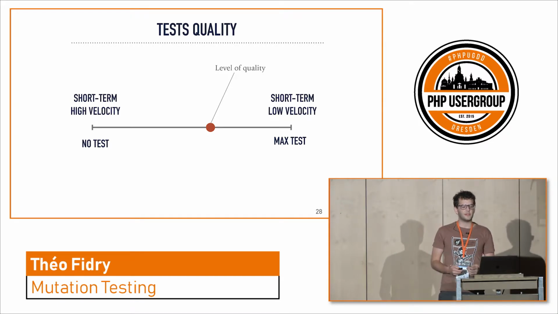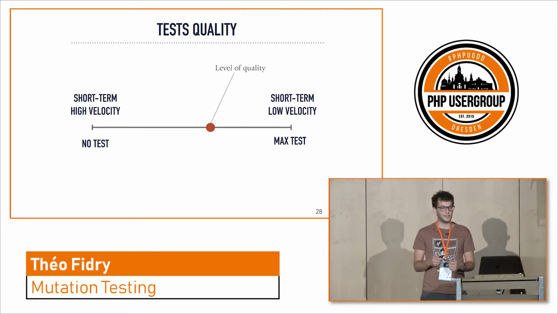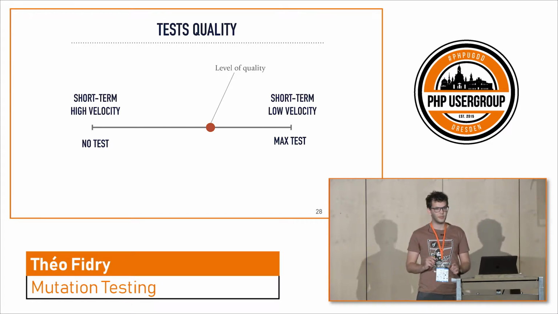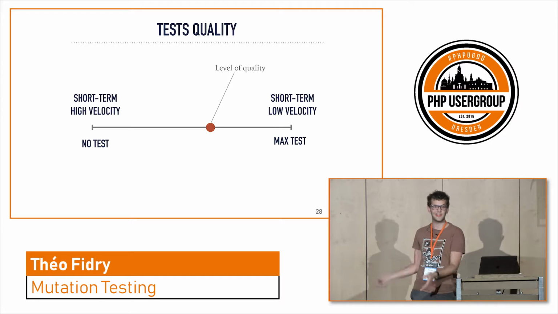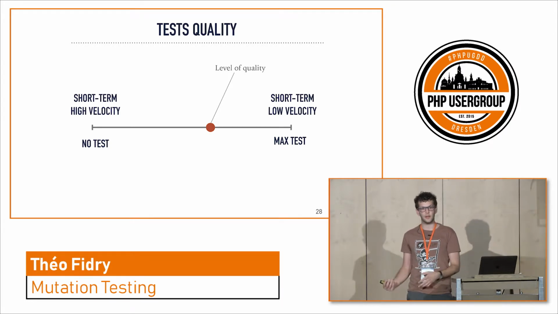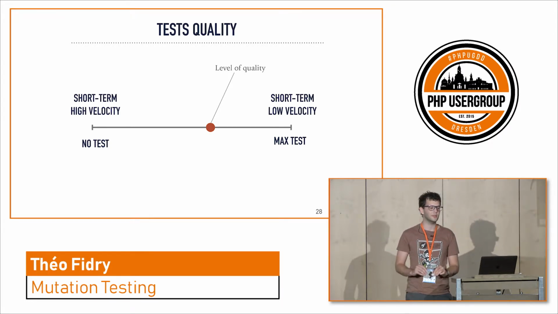So if you have no tests, you have a high velocity in the short term, because there is not that much code to change. It doesn't mean that it's going to be bug-free, but there's just not that much code to change. Whereas if for introducing a small piece of code, you need to change 10 test classes, it's going to take you more time. You're less likely to have a bug, but it's going to take more time, hence a short-term low velocity.